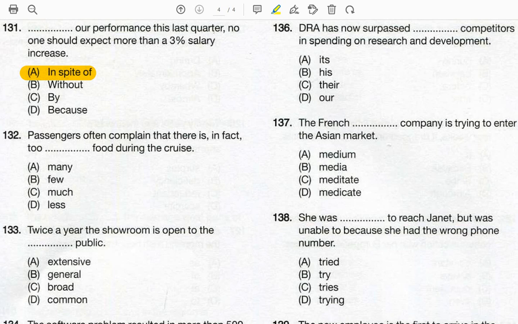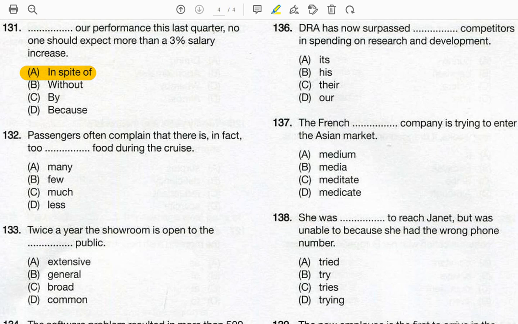The option without suggests absence, which doesn't make sense in this sentence, and C option by doesn't fit in this sentence. D option because would only make sense if combined with of before the noun phrase. Because of, but we need in spite of.